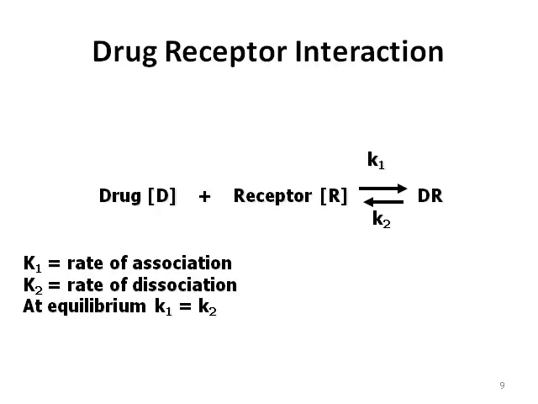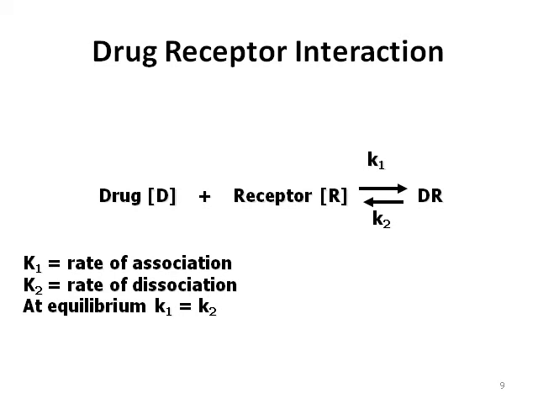On slide 9 is a typical drug-receptor interaction. Drugs will bind to a receptor, and there is an association constant, or a rate of association, which means how quickly it binds. That's reflected as K1, and that forms the drug-receptor complex.